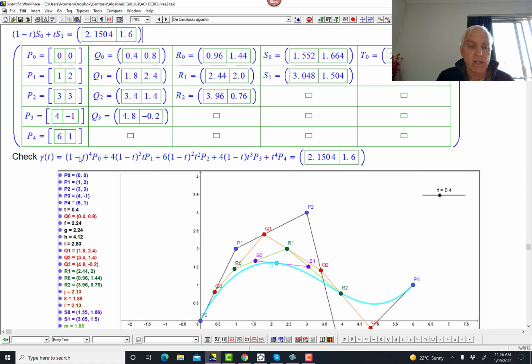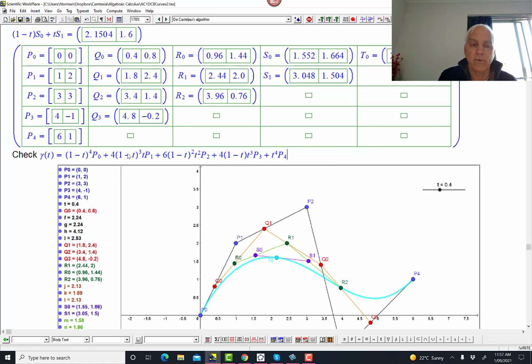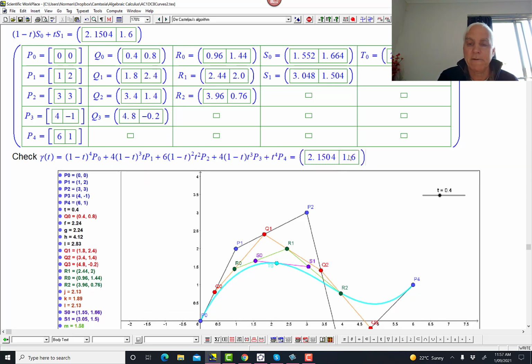So let us actually check that what we're getting actually agrees with the other formula, the more sophisticated formula that we had, involving only the points P0 up to P4, and these more sophisticated Bernstein polynomial coefficients. So eliminate that one. So we know what T is, we know what these points are. If I expand that, I get this, which agrees with this.